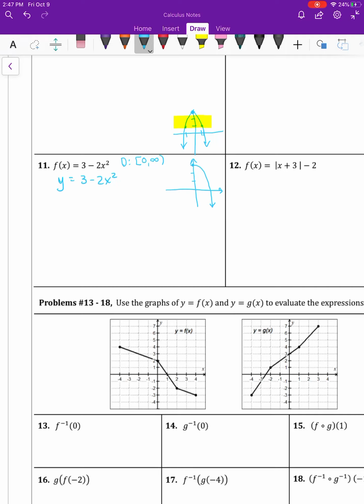And then I'm going to write my function. Instead of f of x, I'm going to put y, and then I'm going to change my y to an x, and my x to a y, and solve for y.